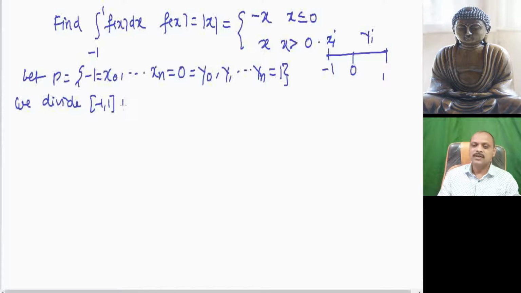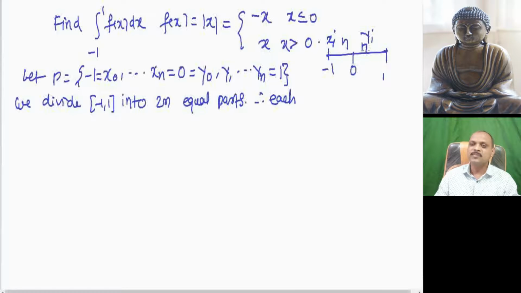We divide -1 to 1 into 2n equal parts, n parts in each half, and therefore each is of length, that is, the upper limit minus the lower limit, 1 minus -1, divided by 2n.